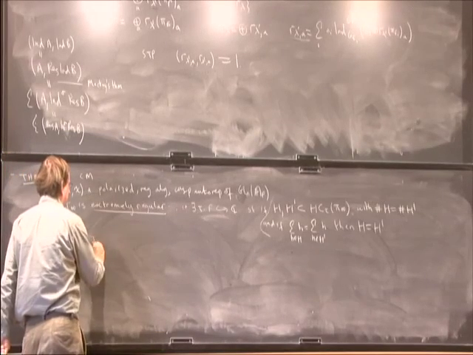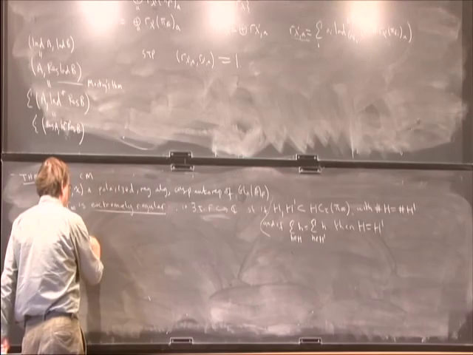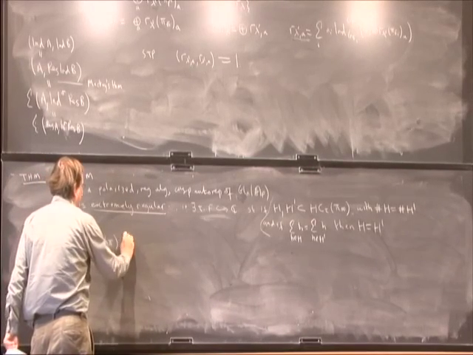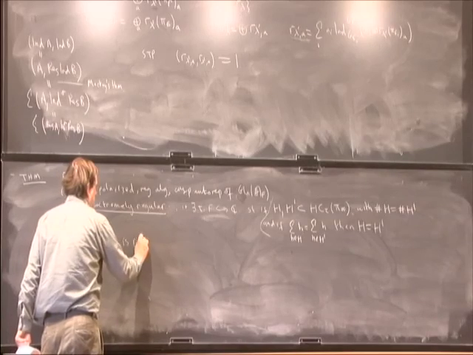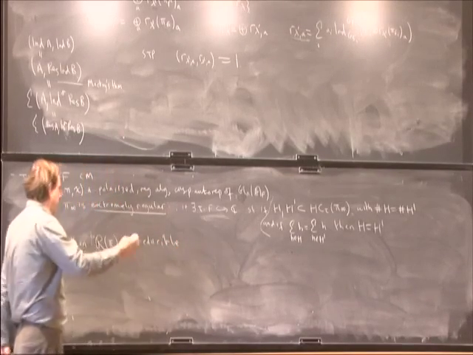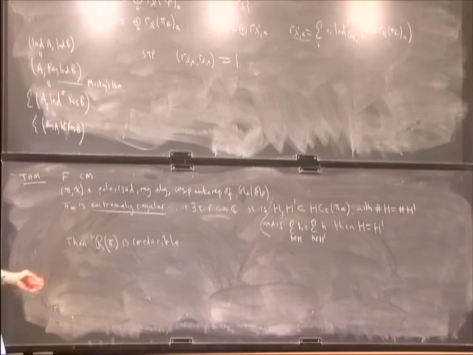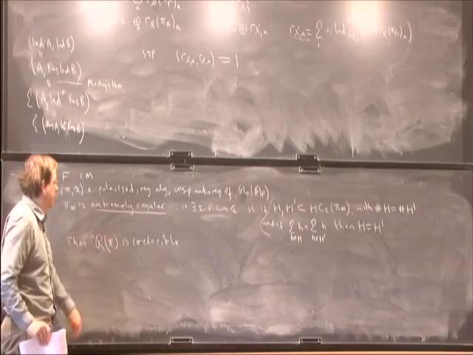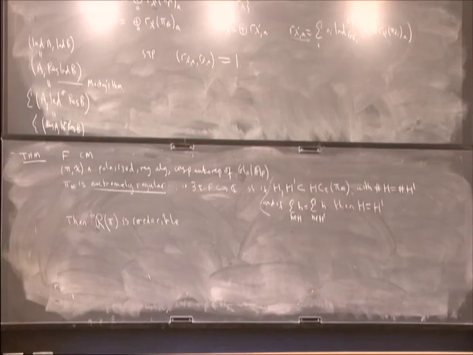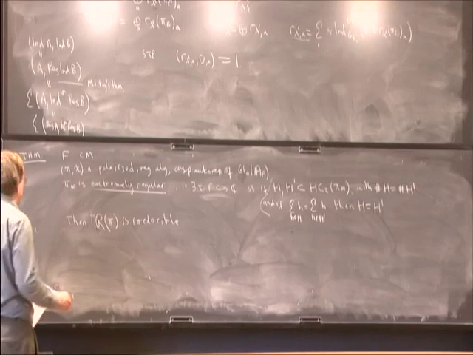So the compatible system associated to pi is irreducible, meaning that for a set of rational primes of Dirichlet density 1, the elements of this lying above one of those primes will all be irreducible. And this is proved by looking at the L functions.